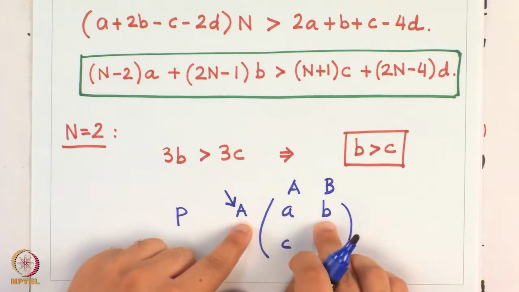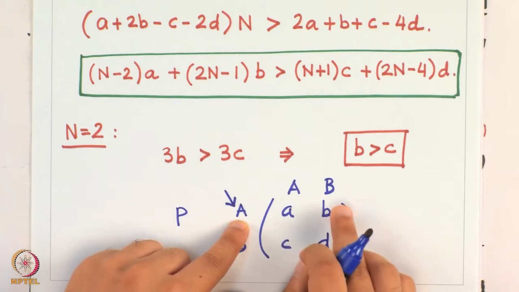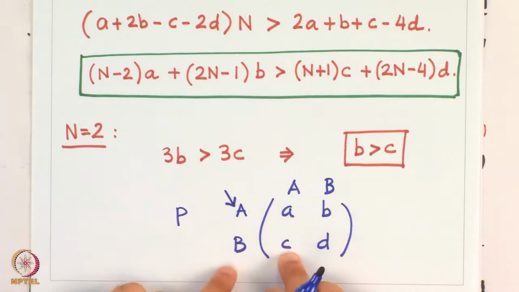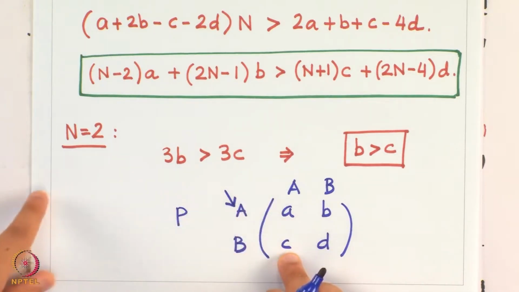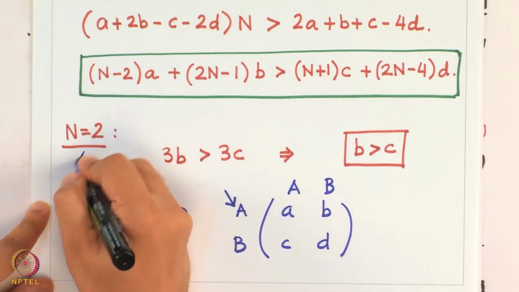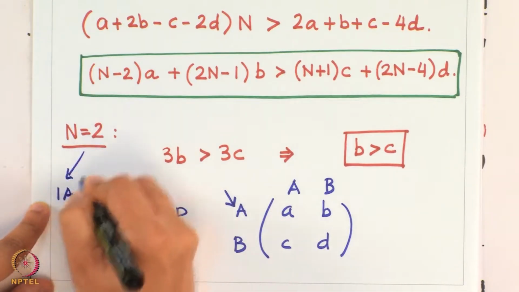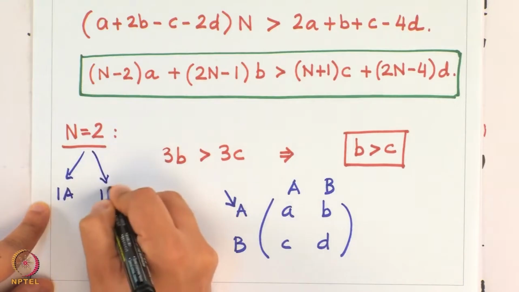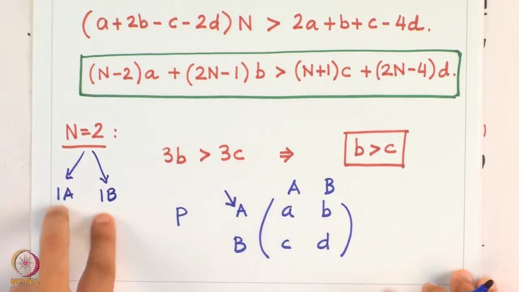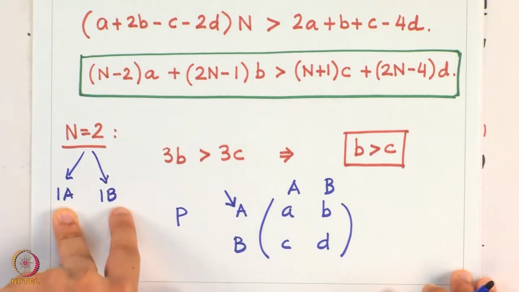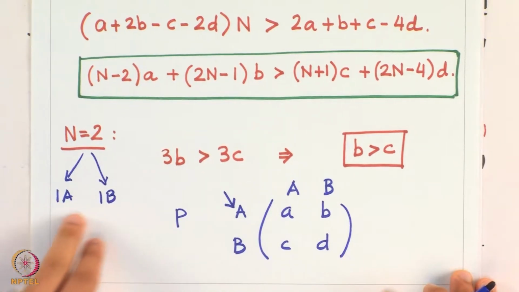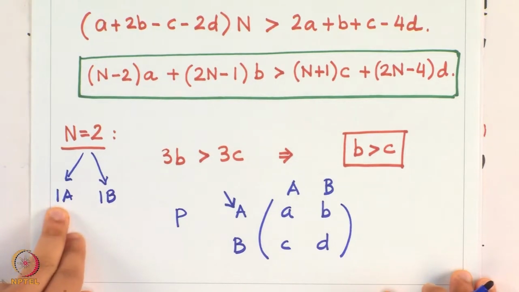B is how well an A individual does in the presence of B, and C is how well a B individual does in the presence of an A. Now, because my population is such that there is only one A and one B individual, because there are only two individuals in the population, this A is always growing in the presence of B and this B is always growing in the presence of A.